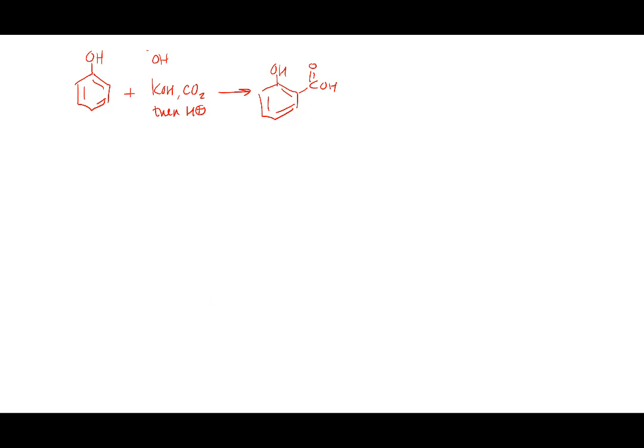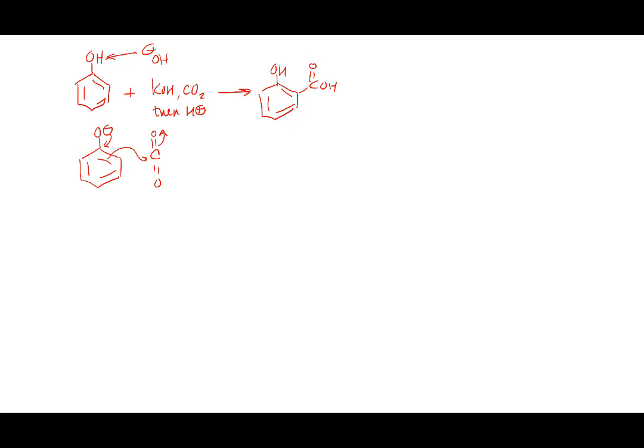Somebody else asked that. So the OH minus is going to come in and deprotonate that, like so. And then what's going to happen is your C double bond O is over here. This pair of electrons moves down, and then that pair of electrons from the benzene ring goes out and attacks the carbonyl, and then one of the CO double bonds goes to the O to make an O minus.